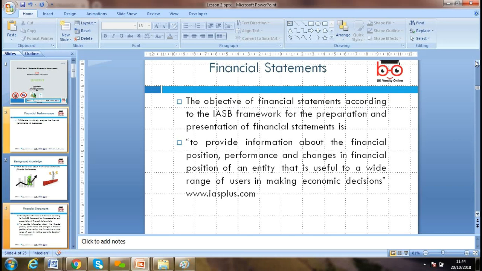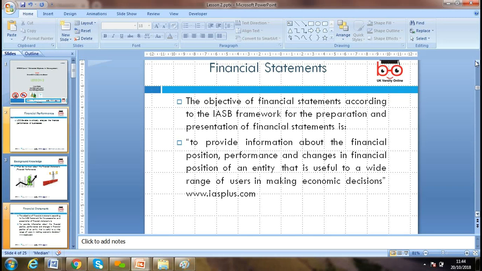Changes in the financial position of the entity, meaning a business, are useful to a wide range of users. A wide range of users means a wide range of stakeholders, those who have any interest and want to look at the company's information, either because they want to invest, or because they want to apply for a job in a particular organization. It is good to look at the financial statements of the company.